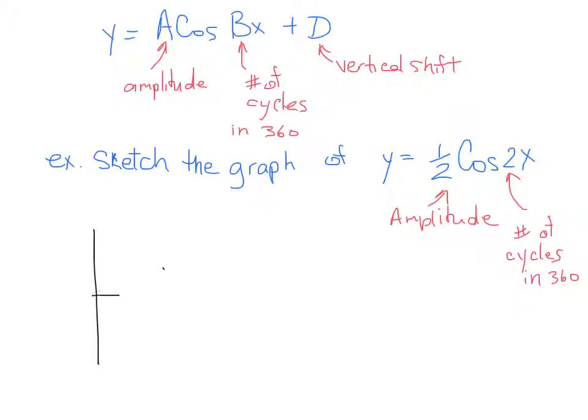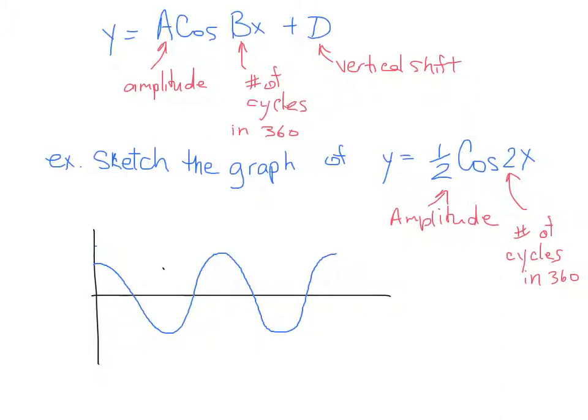All right, so in sketching this graph, again, I usually just sketch the graph first and then get the numbers in after. We know the shape of cosine, so we can put that in. So our cosine graph looks like this. But we know that there are 2 of them in 360, so I'm going to go ahead and do another cosine curve here.